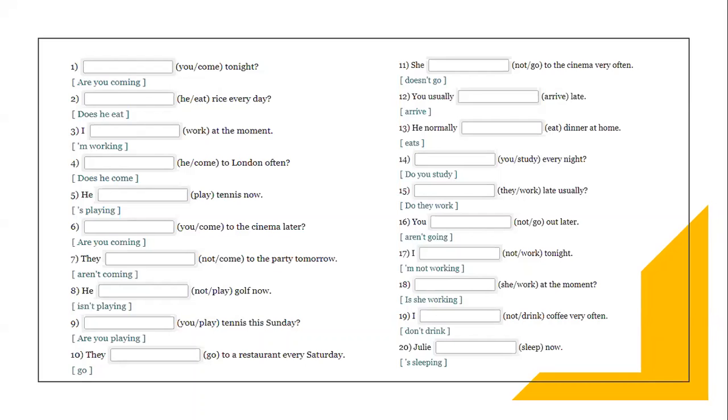So let's continue with Ivana. Ivana, please, 10, 11, and 12. She doesn't go to the cinema very often. You usually arrive late. Thank you.